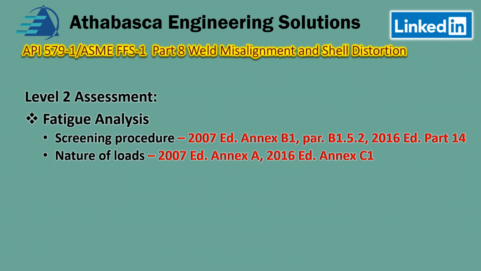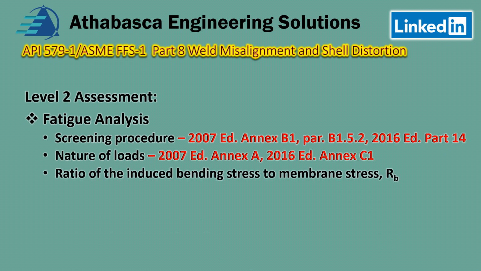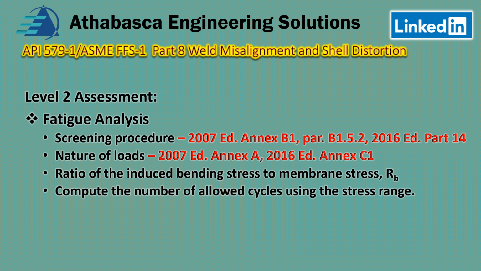For the nature of the loads, you need to go to Annex A for the 2007, and for the 2016, you need to look at Annex C1. The approach is the ratio of the induced bending stress to the membrane stress, RB. Basically, the approach is to compute the number of allowed cycles using the stress range.